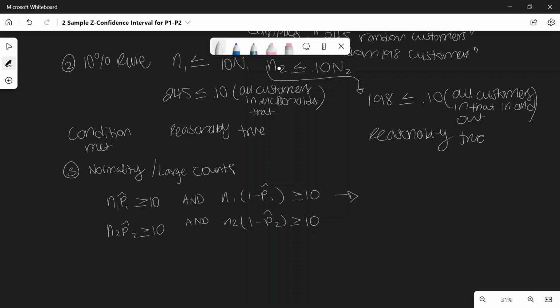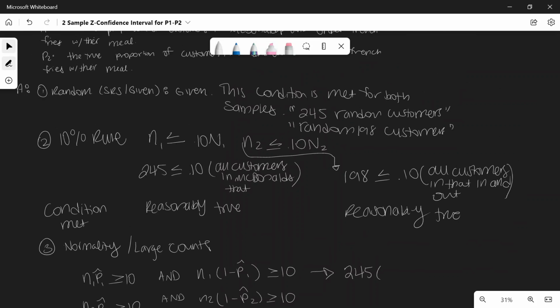So we have N1, again, N1 is 245, right? That's the first sample. And what was our proportion? We calculated our proportion over here.